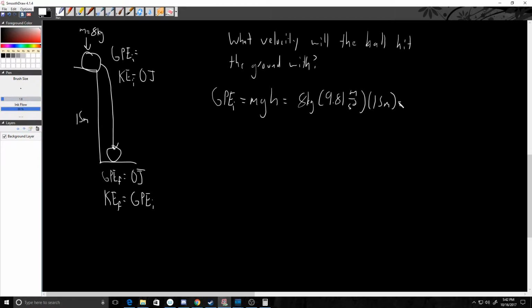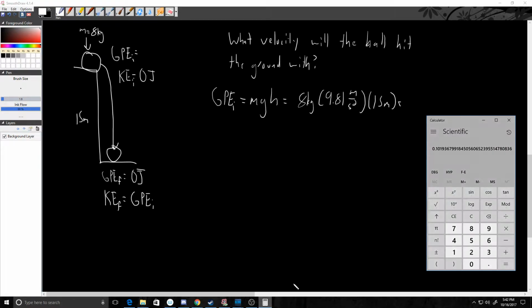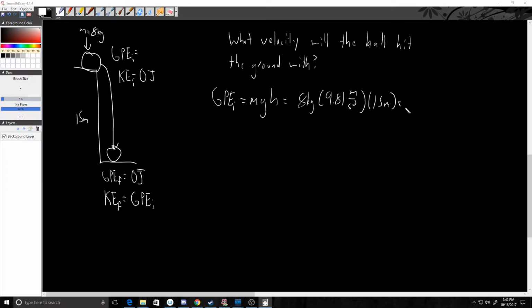All right. So gravitational potential energy, we have 8 times 9.81 times 15. All right, so we have 1,177.2 joules.